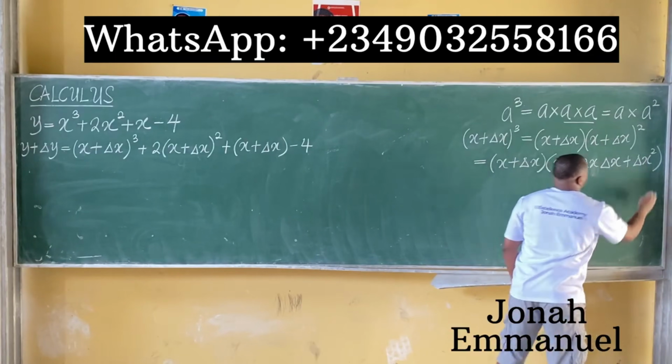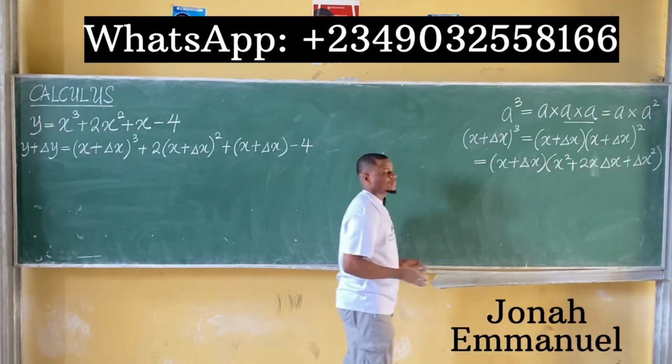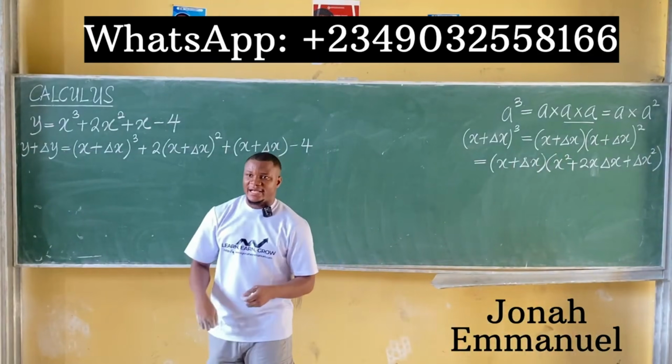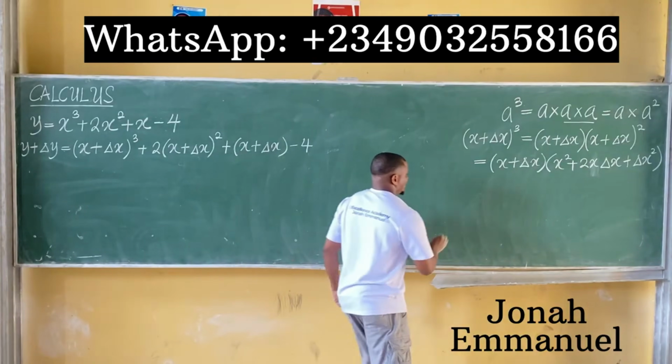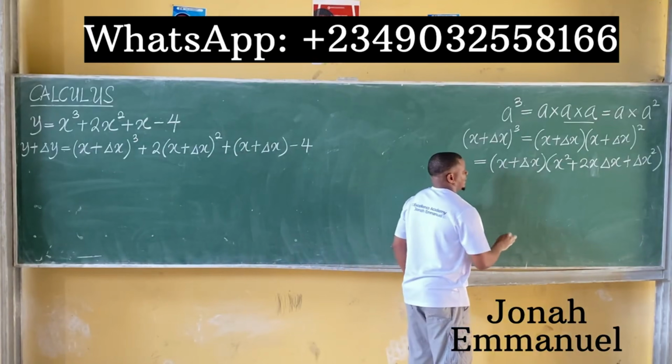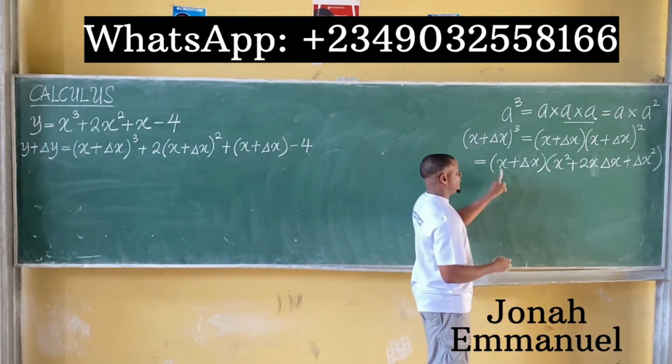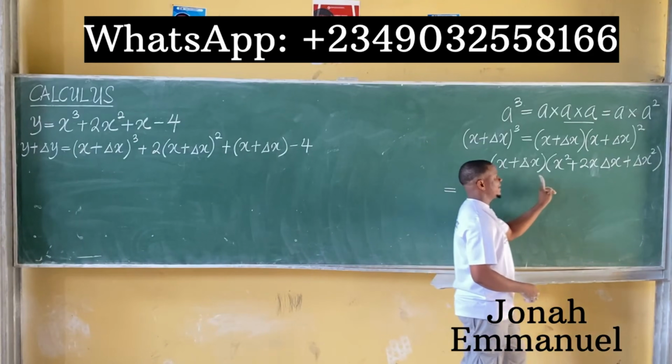All right, let's multiply this to get the value of the cube. We know the rule: use the first term, multiply everything.